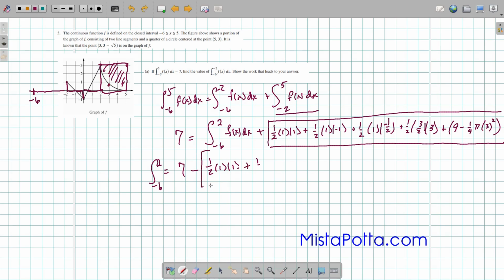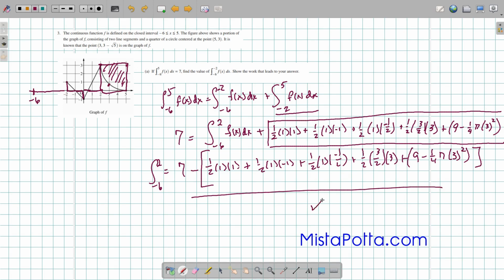Plus, and I'm going to subtract this whole thing, 1/2 times 1 times -1, plus 1/2 times 1 times -1/2, plus 1/2 times 3/2 times 3, plus 9 minus 1/4 pi times 3 squared. And all of this is going to be subtracted from 7. And remember that this is a perfectly legitimate answer. I don't need to waste my time figuring out, oh, this is 1/2, this is -1/2, this is -1/4, this is +9/4. I don't need to do that, and there's no reason I should, because I may make a mistake doing it.